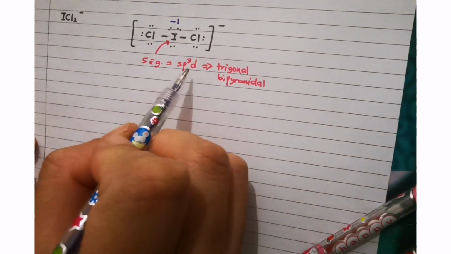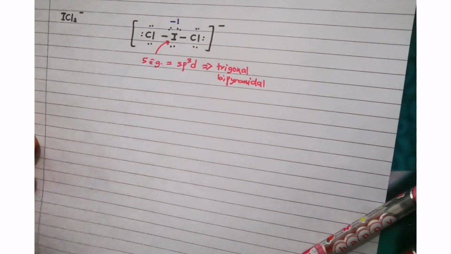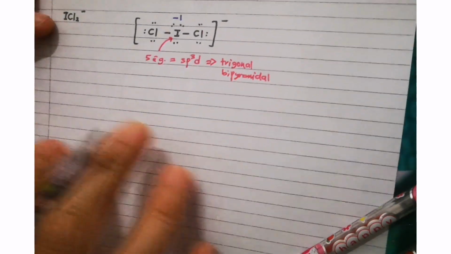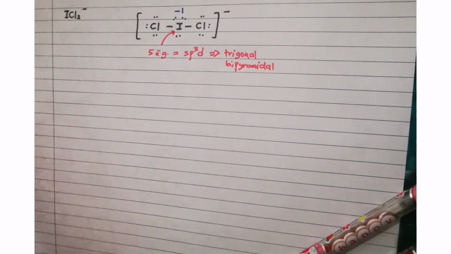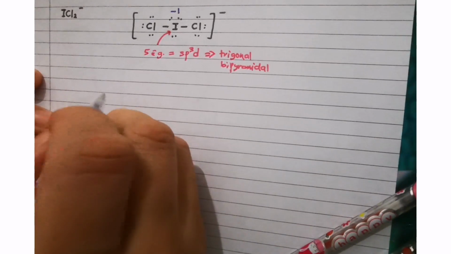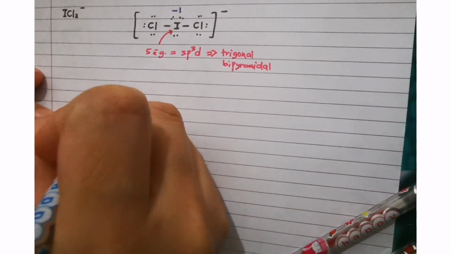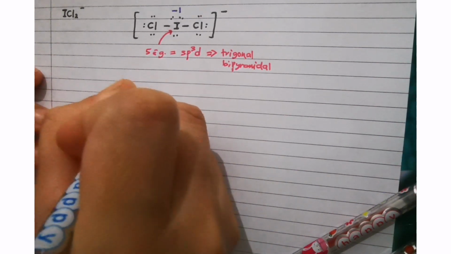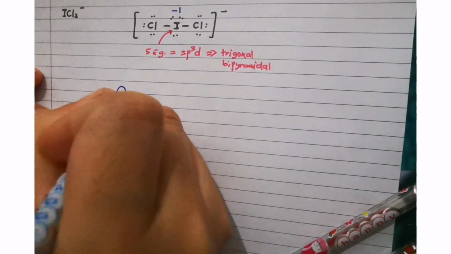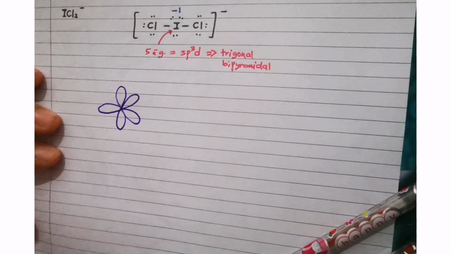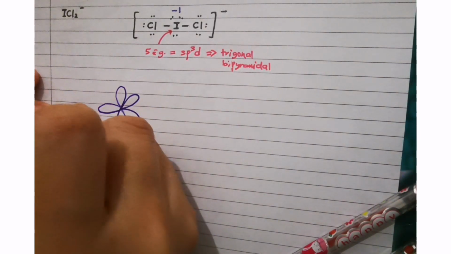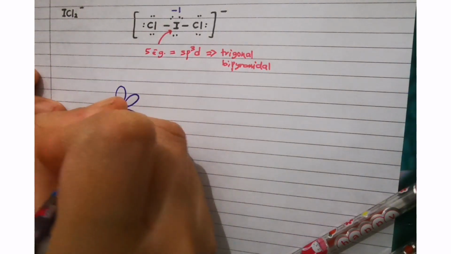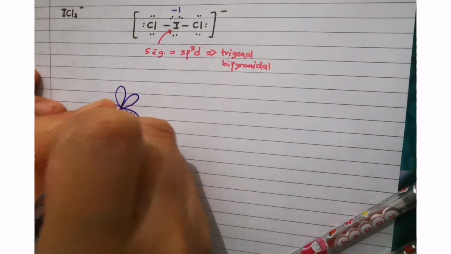So now the sp3d hybrid belongs to the I- central atom. So now we will draw the trigonal bipyramidal arrangement. Okay, this is I-, the sp3d of I-.